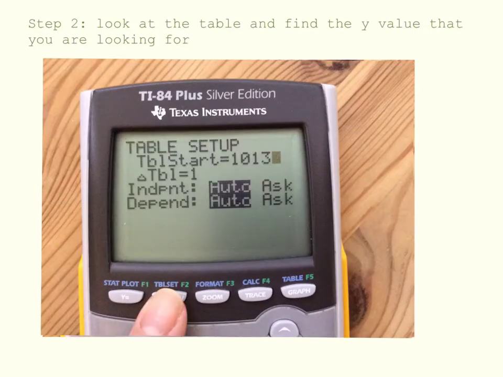So instead of starting at 0, now we will start at 1013, like that. Also, as a side note, take a look at this delta table, this triangle table. That means the increments that it's going to change in. We're counting by ones. If you wanted to count by tens or halves or whatever, you could change that at any point.